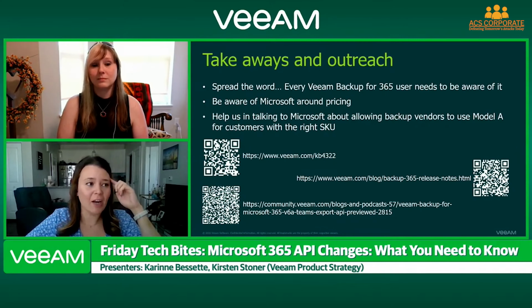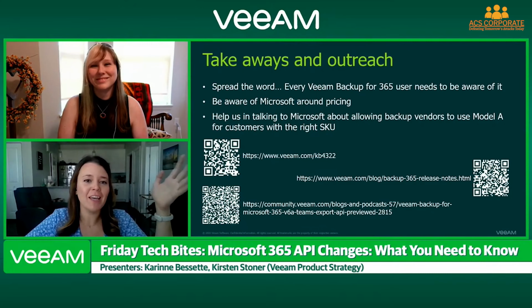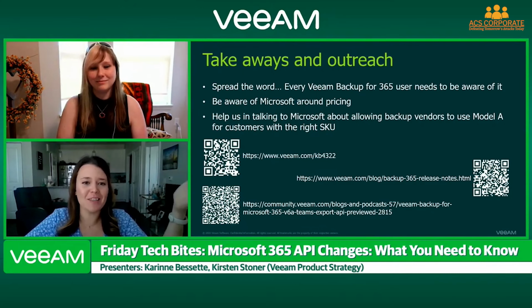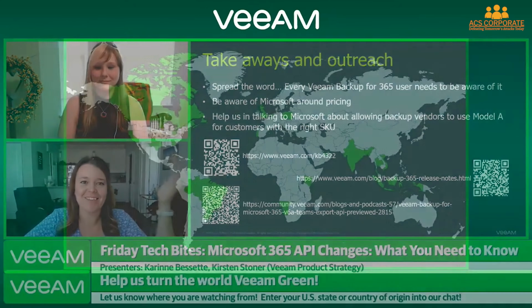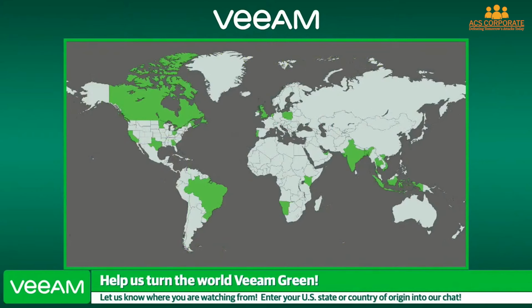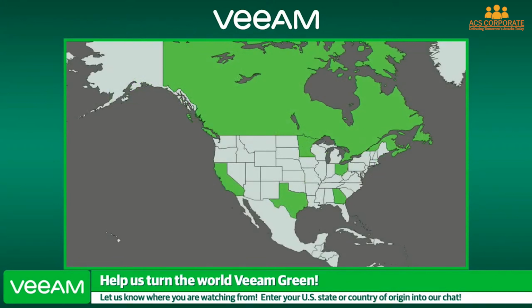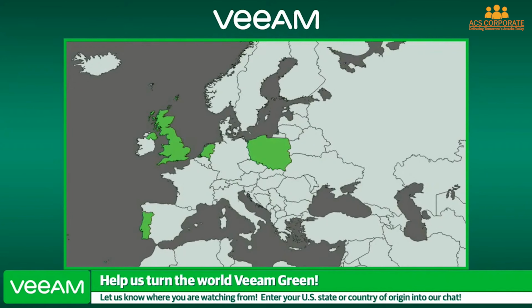Yeah, that's right. And I know we've talked a lot about this API, but we have been missing something, and that's going to the map and seeing where you guys are all from. So we have some people in Minnesota, California, Canada, the United Kingdom, the Netherlands. My friend actually was just in the Netherlands. I'm super jealous. She looks like she's having an amazing vacation.